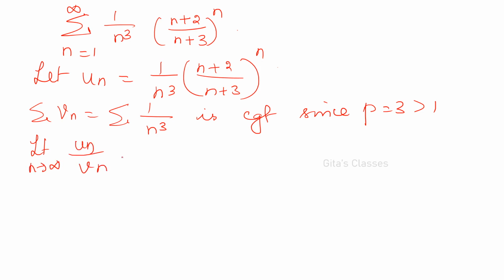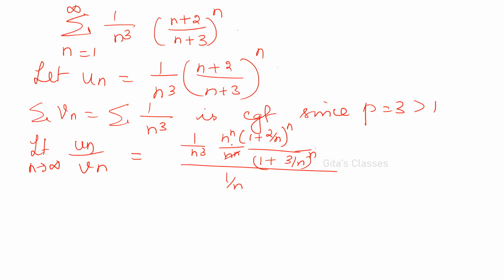Right, now limit n tends to infinity, un by vn is equal to 1 by n cube into, now you can take n power n outside, n power n by n power n, into 1 plus 2 by n the whole power n divided by 1 plus 3 by n the whole power n, divided by 1 by n cube. This n power n will get cancelled. 1 by n cube is our v, this also will get cancelled.